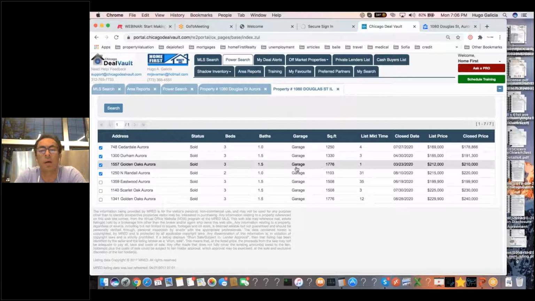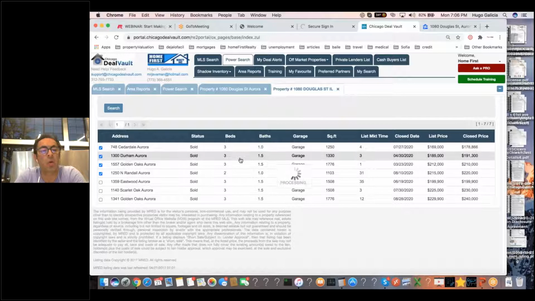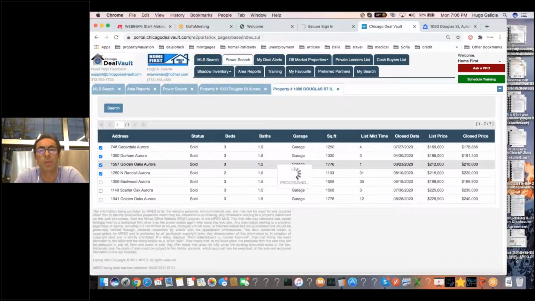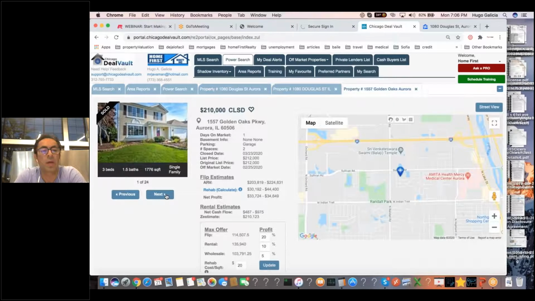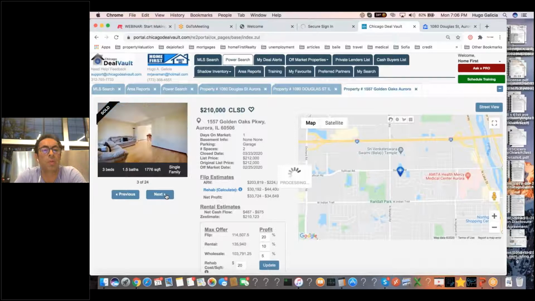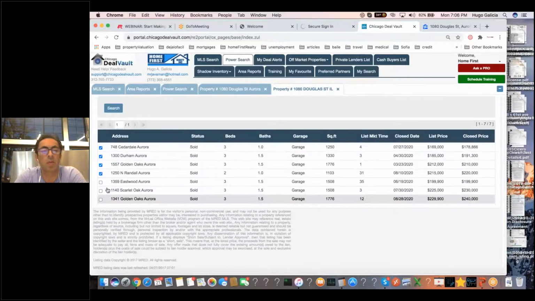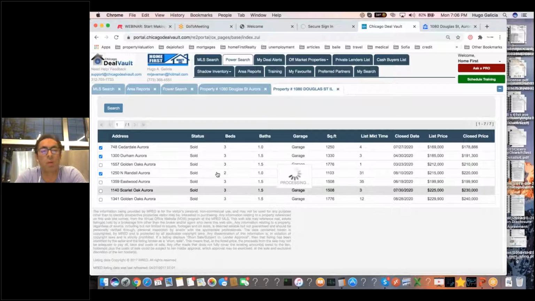Let me check this one, the Golden Oaks. Okay, that's also pretty big. But you see how they're rehabbed, they look pretty nice. But this is a 2-story, so this is not a comp either. That is why the square footage is a lot bigger. These 3 properties are gonna be more like a comp.